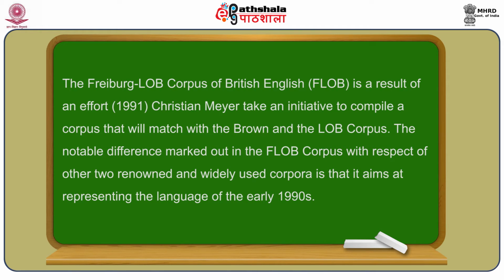The notable difference marked out in the FLOB corpus is that, with respect to the two renowned widely used corpora, the LOB corpus represents the language of the early 60s, while FLOB is intended to represent the 1990s.